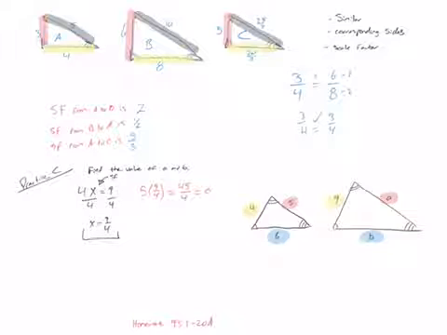So this is my a. Do the same idea there with the blue ones to find b. 6 times 9 over 4. 2 goes into 4 2 times, and 2 goes into 6 3 times. That's going to give me 27 over 2, and that is going to be my b.